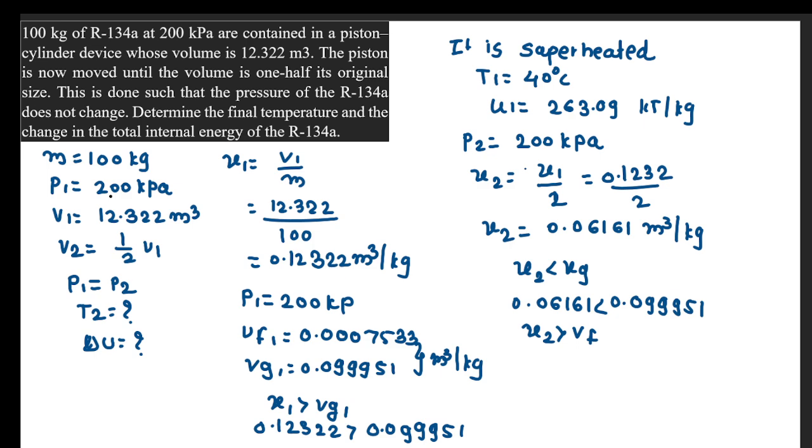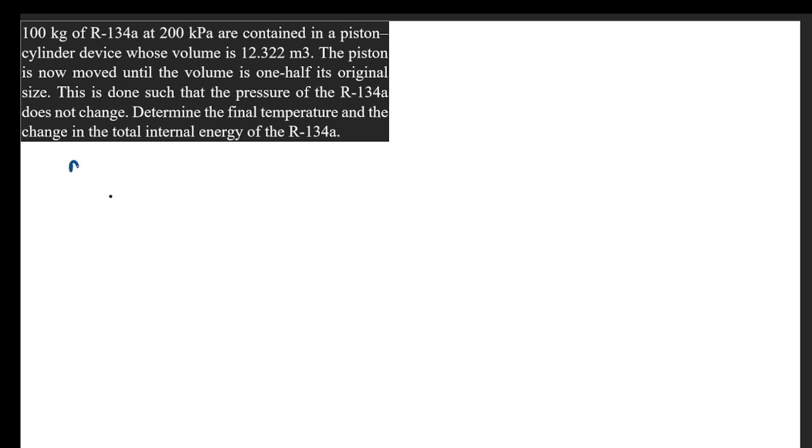Because pressure remains constant, we are taking that value, so vg1 and vg2 will be the same. v2 is greater than 0.0007533. So v2 is coming in between vf and vg2. So next we can say that at state 2 it is a saturated liquid vapor mixture.